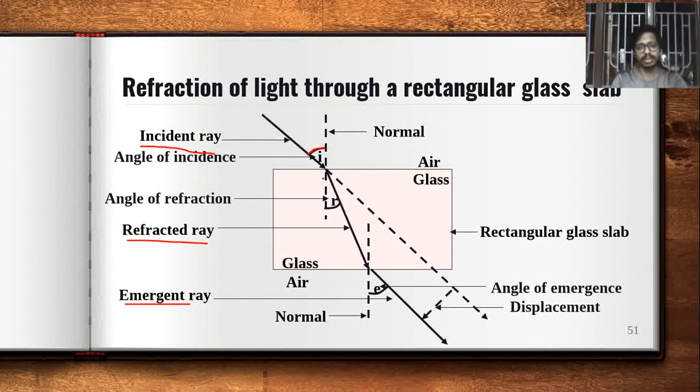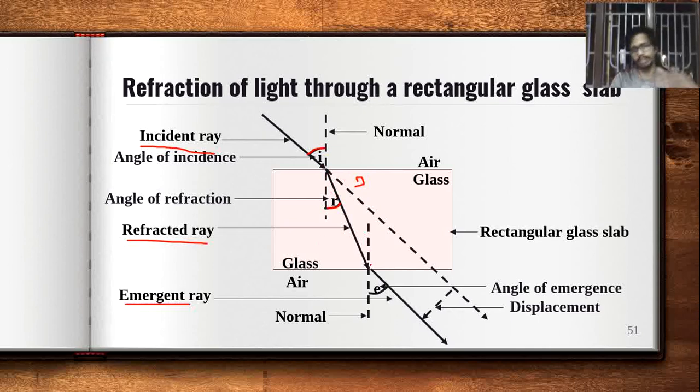Now next part is this is the denser medium. This is the glass, and this is the normal. Then we are expecting the light to bend towards the normal. So the angle of refraction, that R, is now smaller. Okay, the light is bent towards the normal.